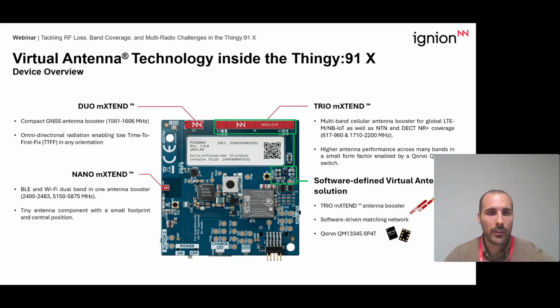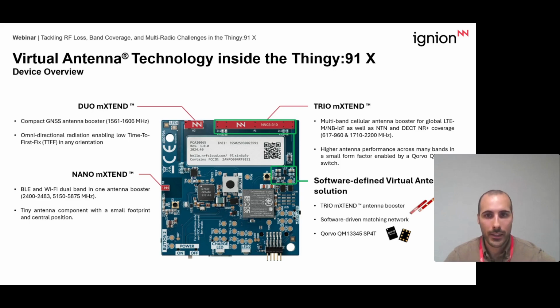Starting at the top left, the Duo Extend provides GNSS coverage and delivers omnidirectional radiation patterns, ensuring a fast time to first fix. In the center left, we find the Nano Extend, our dual band Wi-Fi and Bluetooth antenna booster, covering both the 2.4 and 5 gigahertz bands.